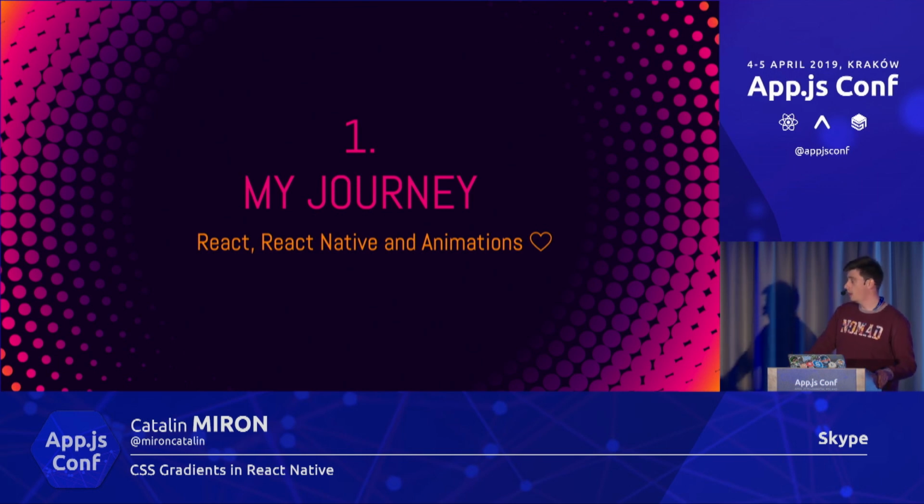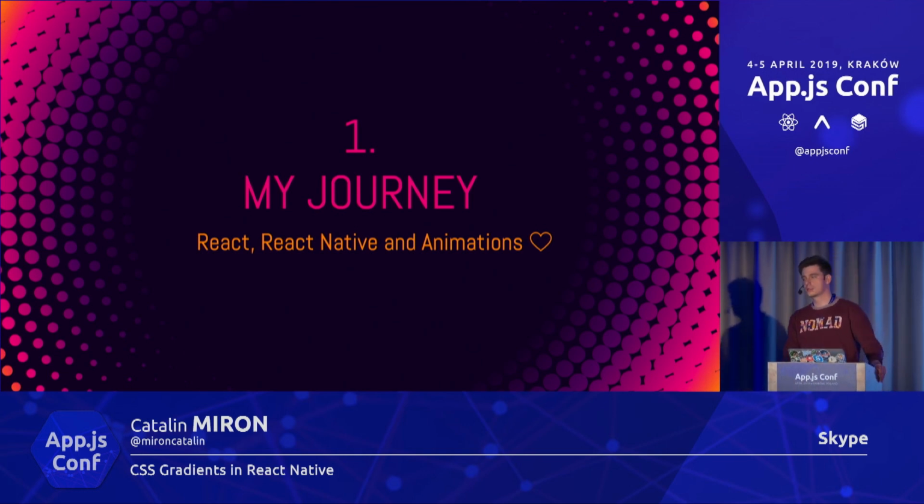I was super lucky because one of my ex-colleagues went to React conference in 2015, where Facebook announced React Native, and whoever was in the audience gained access to React Native repo when it was private mode. And I got also access to it.